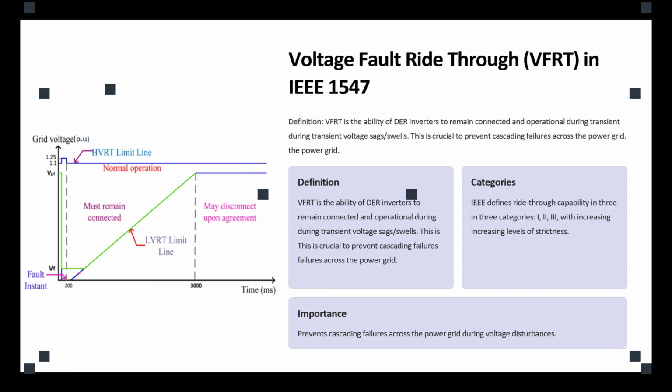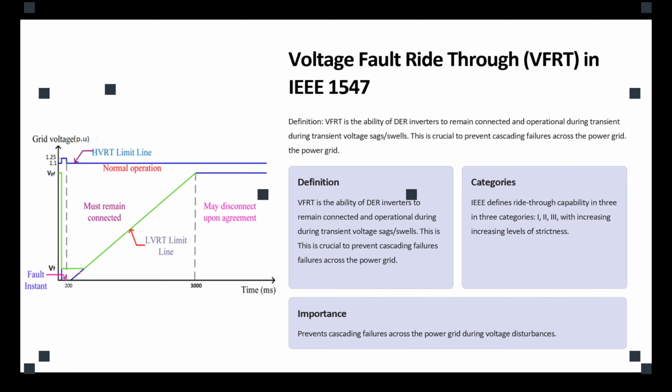Now, the IEEE standard defines those thresholds for the toleration of inverters in our system. As you can see in the slides, the IEEE categorizes voltage ride through into high voltage ride through and low voltage ride through.